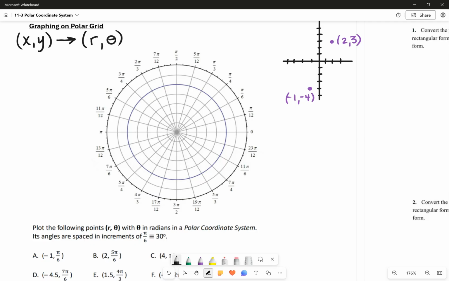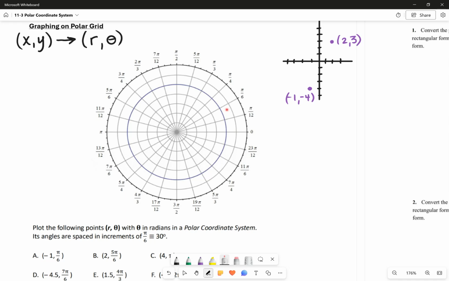So we're going to practice plotting given points as you see down below. We're going to plot for the first point (-1, pi over 6). So let's go figure out how to graph this. Always start with your angle, pi over 6. If you look over here on our unit circle, pi over 6 is right here. That means the terminal side of pi over 6, so here's my 0, from here to here was pi over 6.